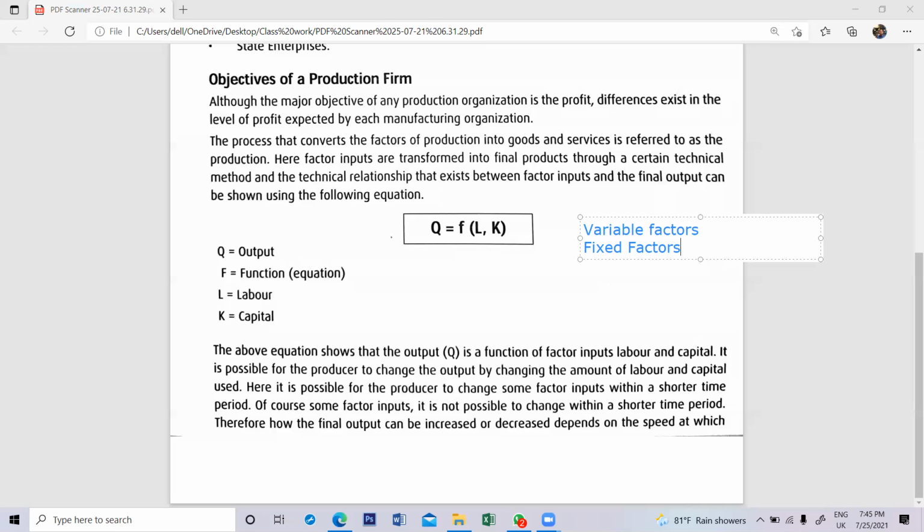Then the next one, fixed factors. Here, businesses or production organizations may use machines and buildings as fixed factors. The business should purchase those resources at the very beginning of the production. If they do not have those fixed factors, the production cannot be done.